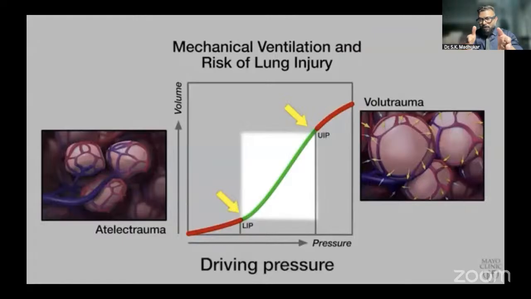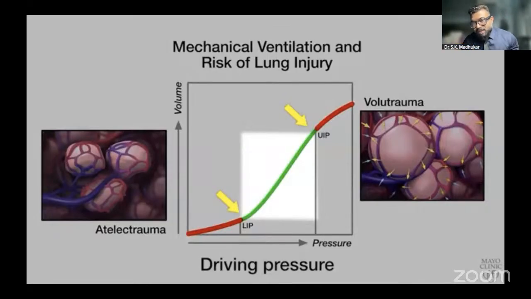And to ventilate the patient in this area, the driving pressure has to be low. Why? Because in this area, a smaller change in the pressure is bringing a good change in the volume. This is the most compliant zone where we do not need much pressure. So this is what the driving pressure is, and we need to keep the driving pressure low.